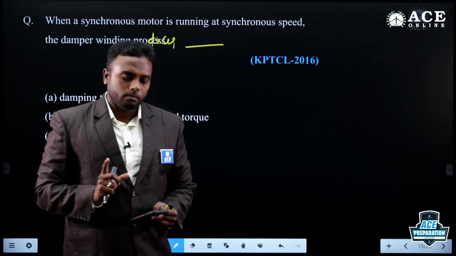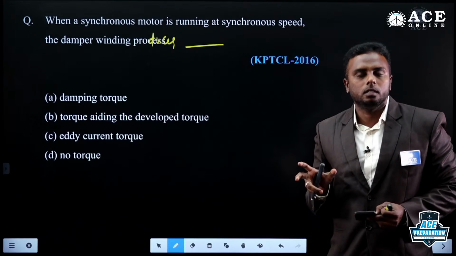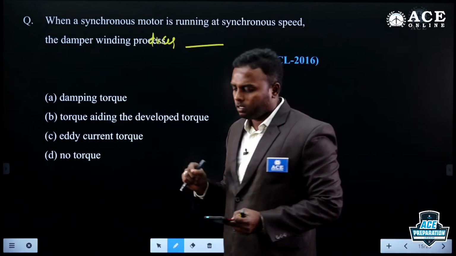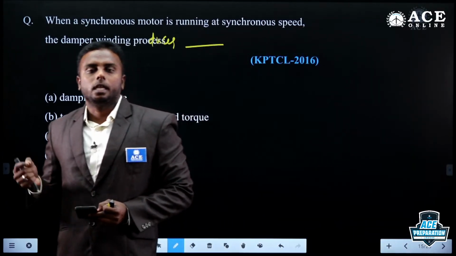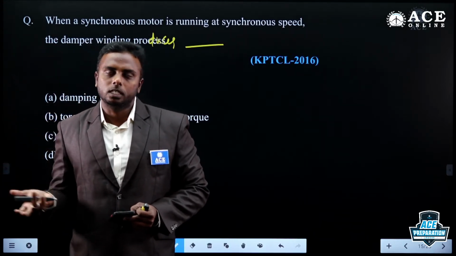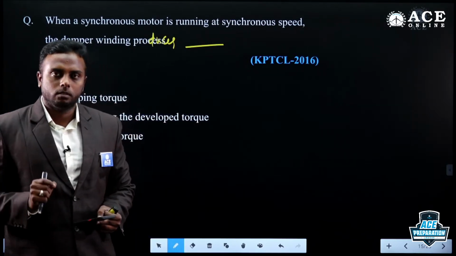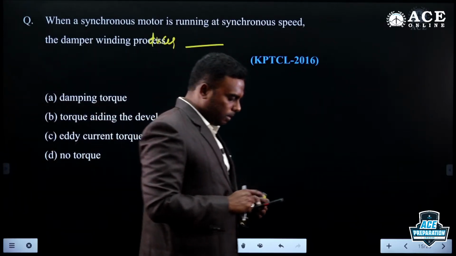The purpose of the damper winding is to eliminate hunting in synchronous machines. And in a synchronous motor, the same damper winding is used for starting purposes, because synchronous motors are not self-starting. To make it self-starting, we use damper bars.